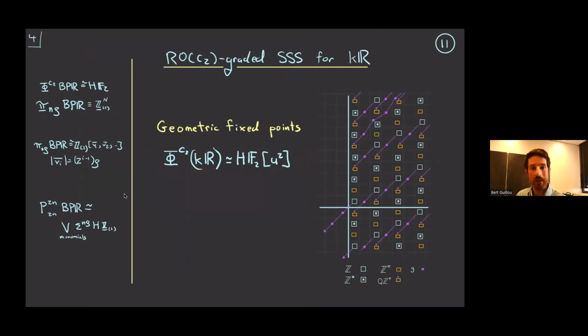And again, I made this point last time that the geometric fixed points, you can see it's polynomial in U squared, and you're supposed to be able to read that off from this picture. I mean, this picture is only a partial picture, of course, but the point is that here is U squared, and it's supporting an infinite A tower. And then all the multiples also support an infinite A tower. And that's why we were seeing this polynomial algebra in U squared.